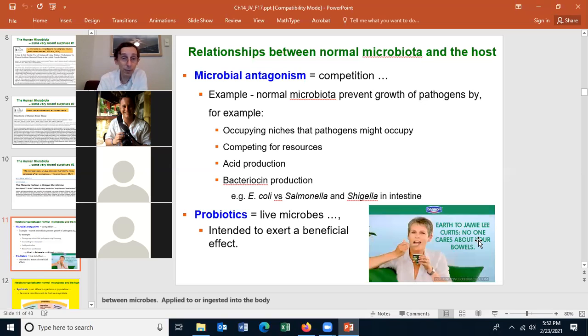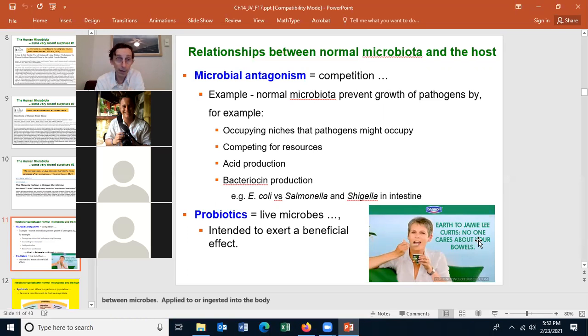The normal microbiota can compete for resources, keeping the pathogen from getting the resource so it won't grow. The normal microbiota can produce acids, making it so that the pathogen can't grow, it's too acidic. That happens with our skin and in our mouth and in the urethra.